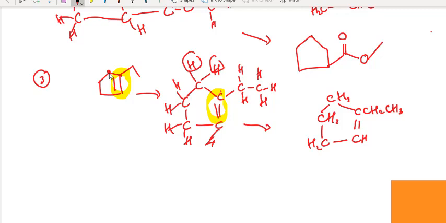So this carbon forms 2 bonds, which means that it has 2 hydrogen. This carbon already formed 3 bonds, so that's why it has 1 hydrogen. So this carbon, try to calculate how many bonds it has. 1, 2, 3, 4. So it got 4 bonds, so there is no hydrogen on it.